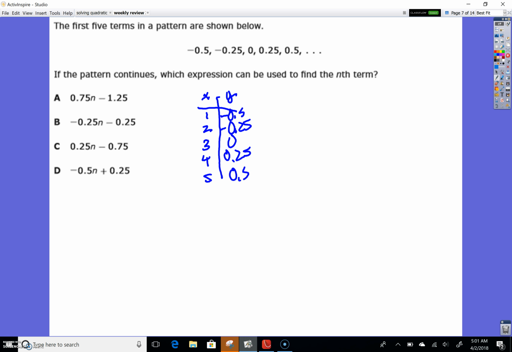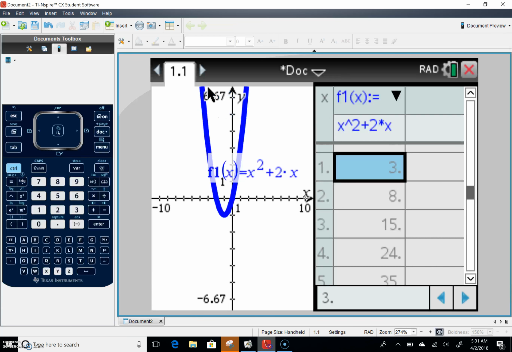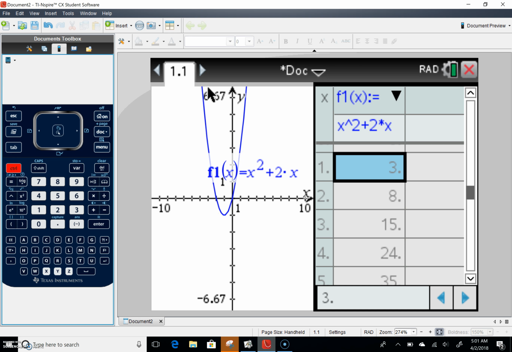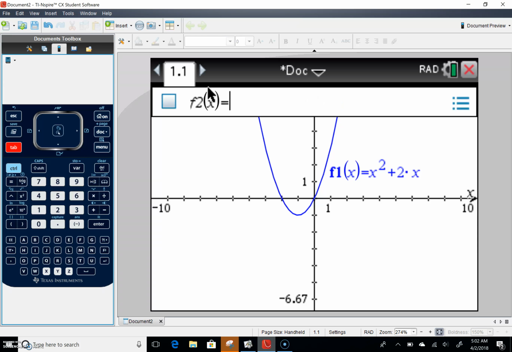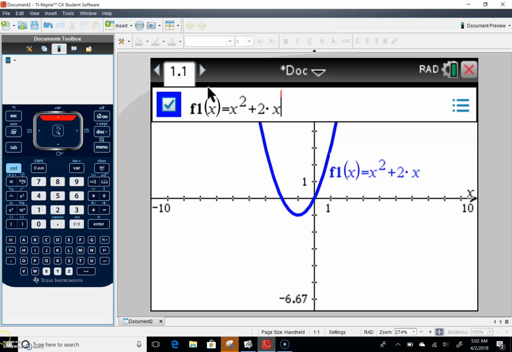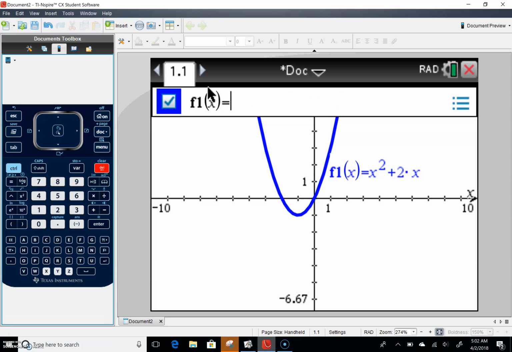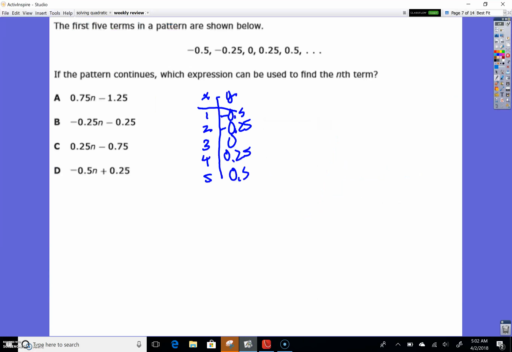And I'm going to use my calculator. Alright, I'm going to get rid of the table. Tab. I'm going to delete this and put in my first equation, which is 0.75x minus 1.25.